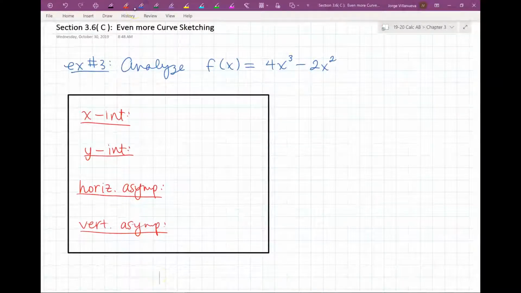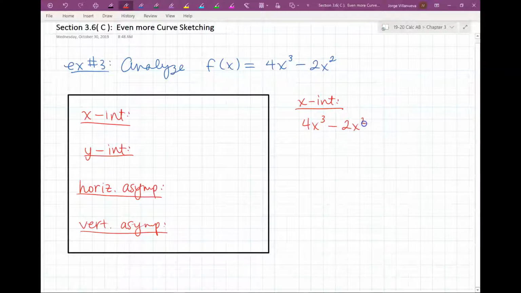Now, to find my x and y intercept, remember for the x-intercept, I have to set y equal to 0. So since this is not a fraction, I don't set the numerator equal to 0, but I do set the function equal to 0. So 4x cubed minus 2x squared, I set that equal to 0 because y has to be 0, and you've got to solve for it.